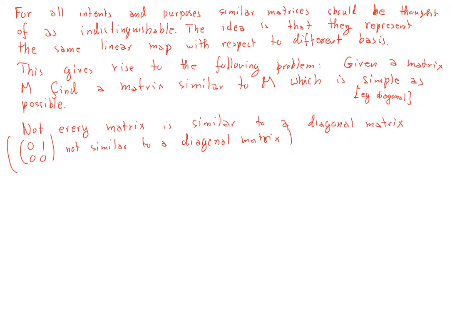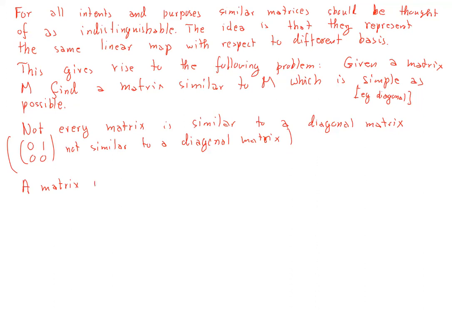We're going to call it, ready? Diagonalizable. Diagonalizable. So a matrix is called diagonalizable. I'm not sure this word will pass a spell check. There are many mathematical terms that simply do not pass a spell check.